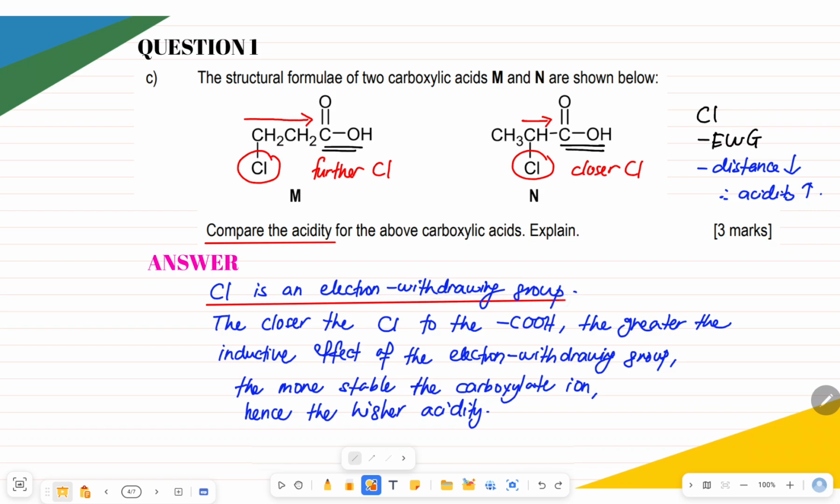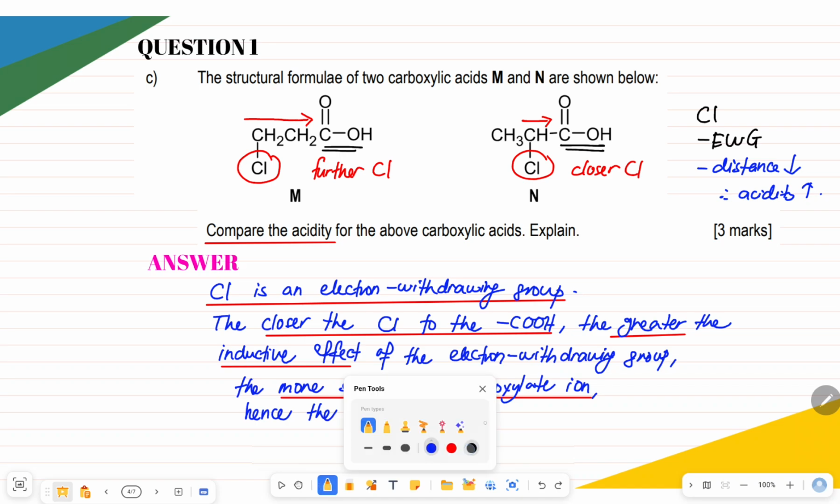Okay, so let's check. Cl is an electron withdrawing group. So the closer the Cl to the COOH, the greater the inductive effect. The more stable the carboxylate ion, the higher the acidity. So as a summary, which one should have higher acidity?